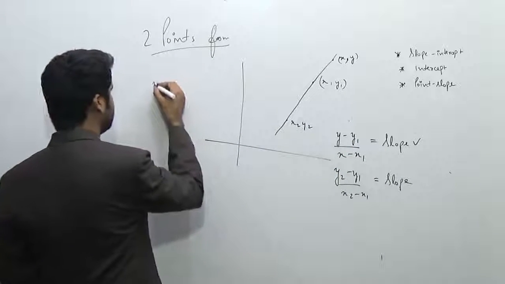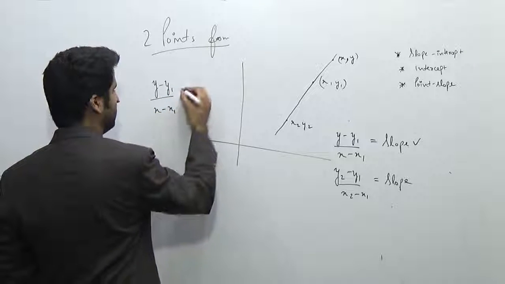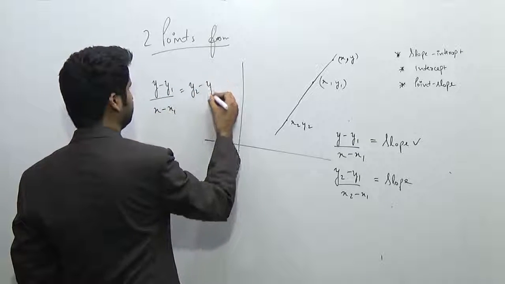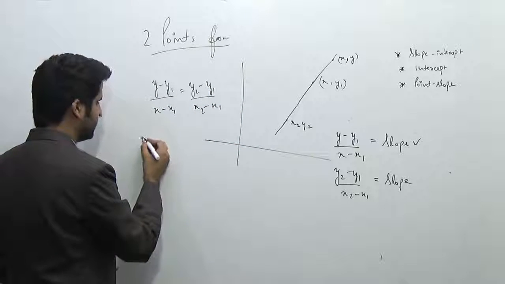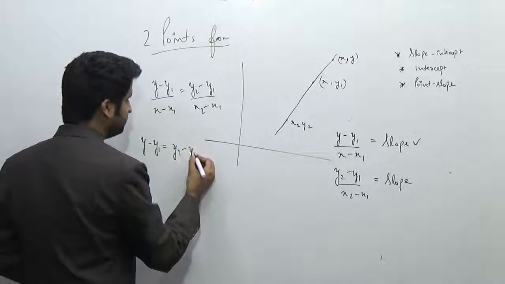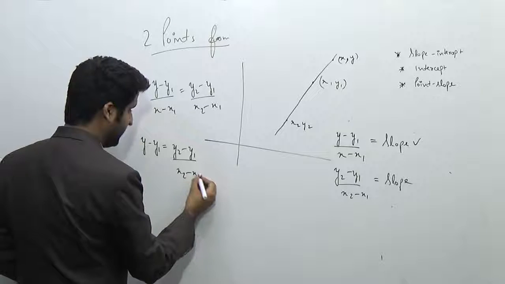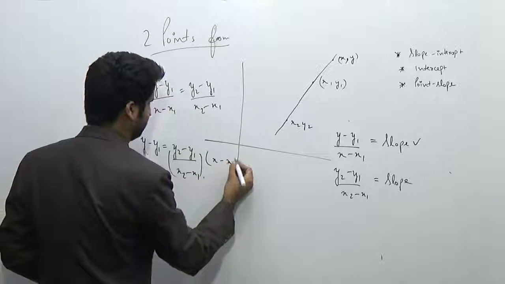So what we get is y minus y1 upon x minus x1 is equal to y2 minus y1 upon x2 minus x1. Therefore the equation comes out to be y minus y1 is equal to y2 minus y1 upon x2 minus x1 multiplied by x minus x1.